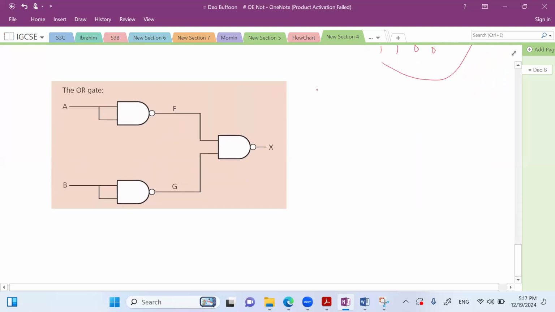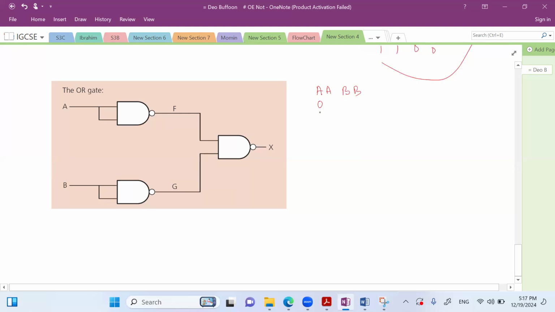Now we have again A and B, right? And as you can see, they are splitting the A and sending it inside the NAND gate again, producing an F output. So A is going to be written twice, B is going to be written twice.